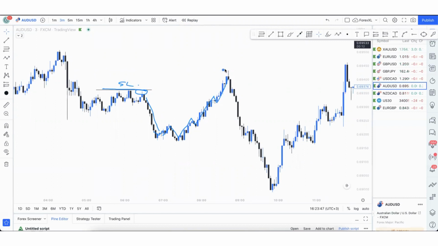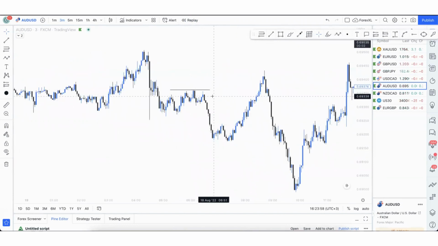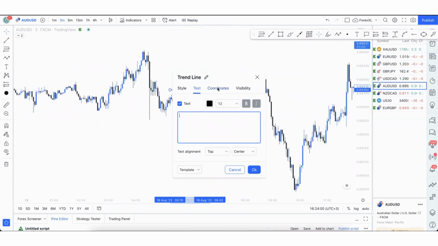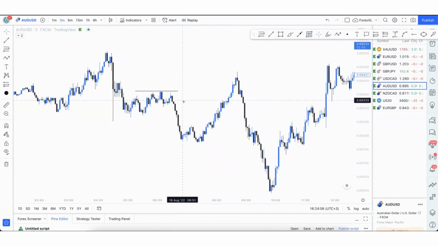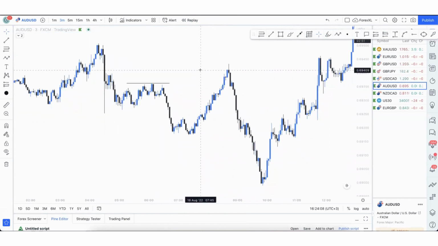As you can see here, it respects this zone and then goes down. So that's what we call equal highs. When we say there's an equal high, we assume that the price will go up there and sweep all the liquidity above it and then go down.